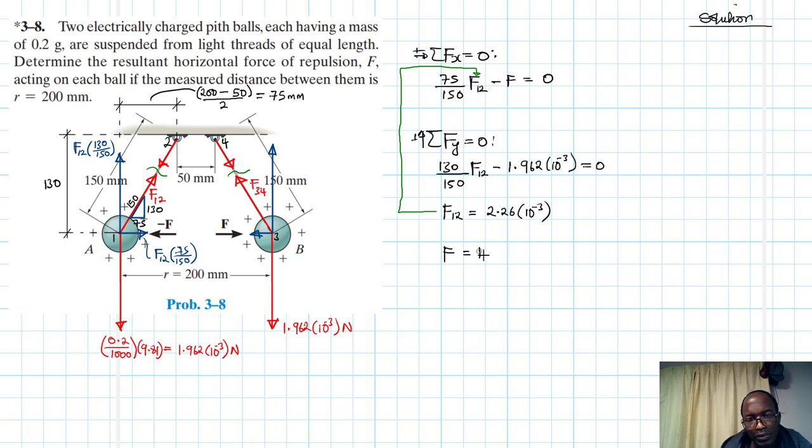This just becomes 1.13 times 10 to the power 3 newtons.